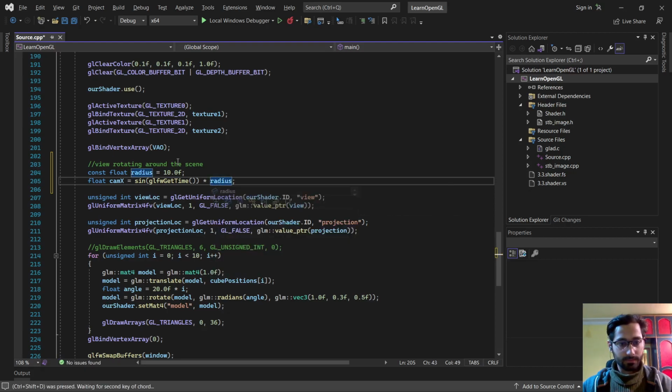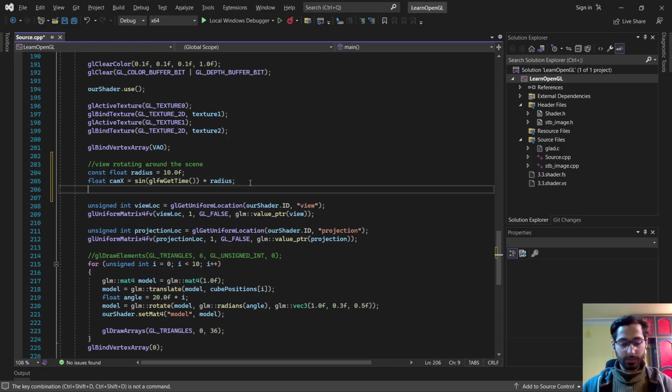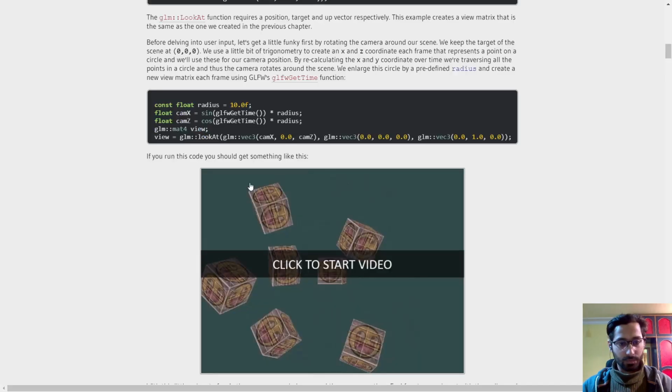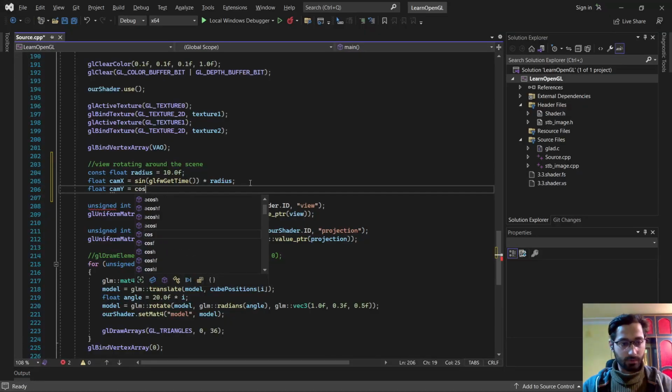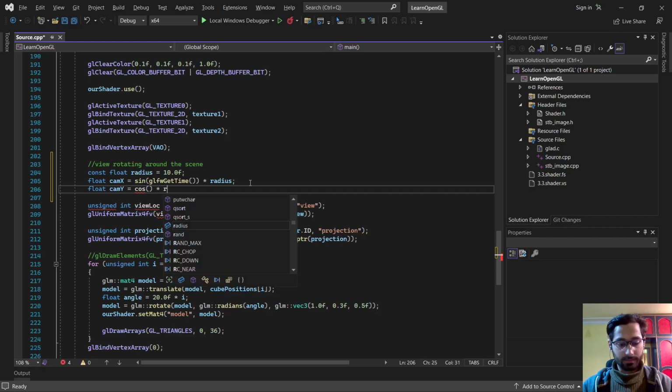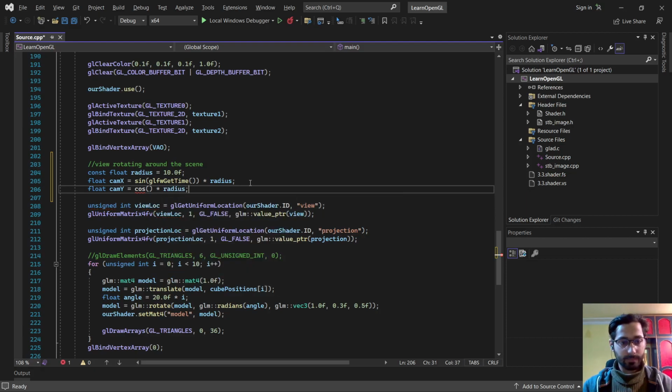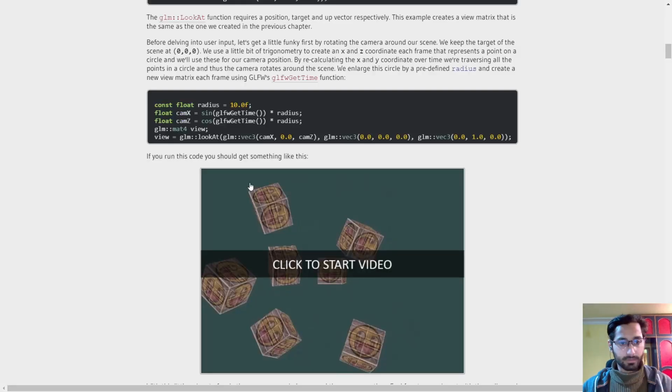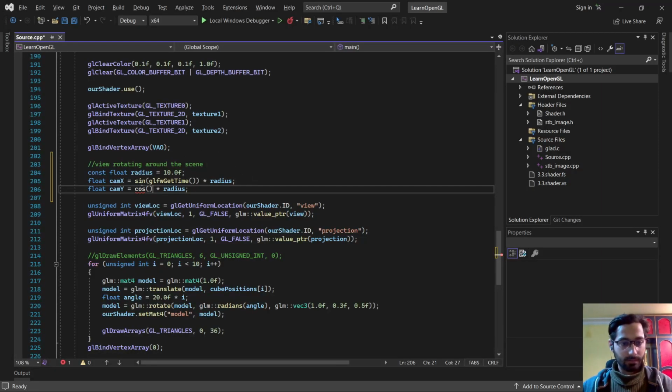And similarly we're going to need a float camY, which is the cos. Yep, cos, and we multiply that by the radius as well. It too is going to be cos of glfwGetTime.